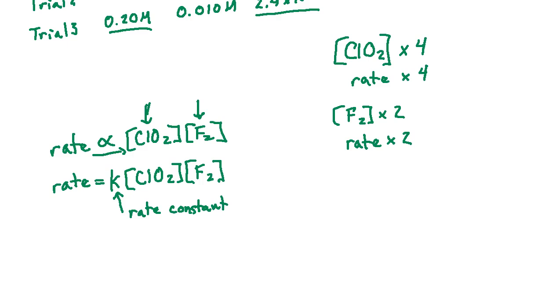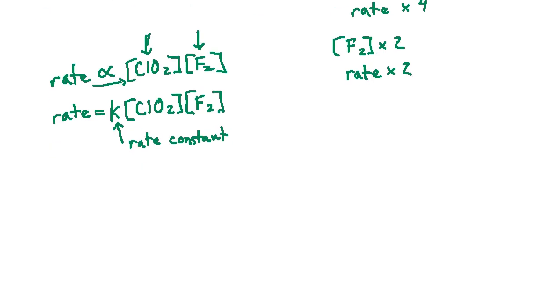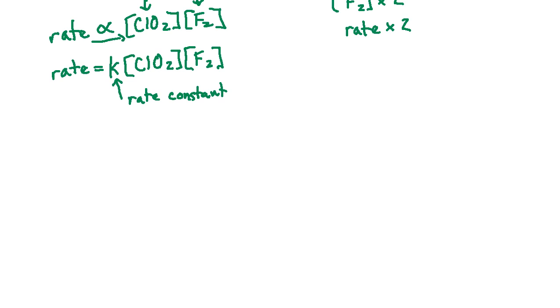So I can solve for my rate constant by algebraically rearranging this. The only thing I would need to do is solve for K, the rate constant. So K is going to be equal to the rate, and then I would divide through by each of my reactants to get them away from K. So it's going to be the rate over the concentration of the chlorine dioxide times the concentration of the fluorine gas.